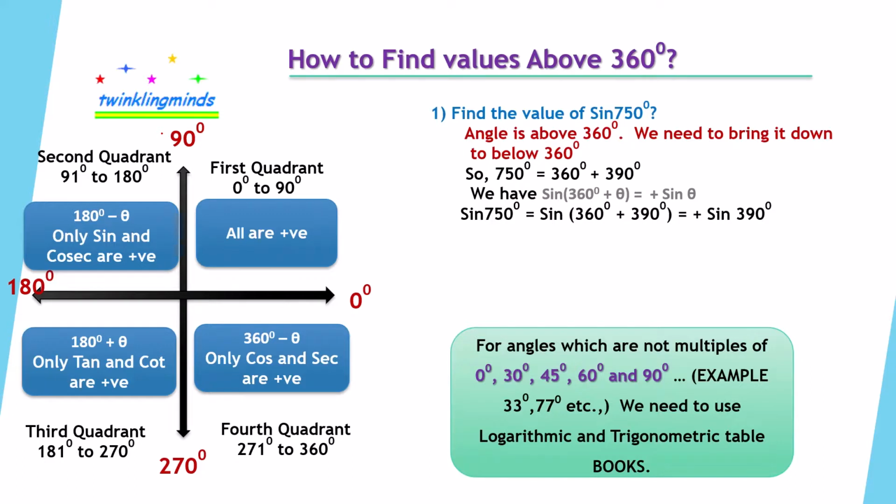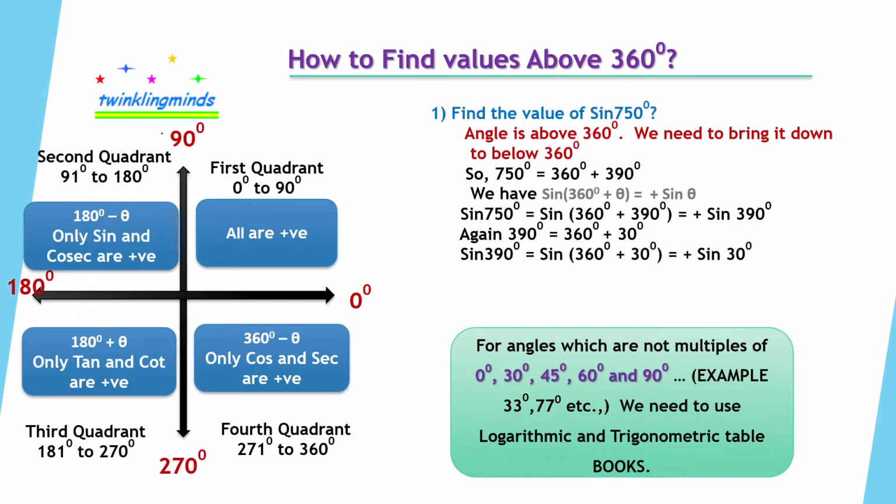390 degrees is also above 360 degrees. We need to bring it down between 0 to 360 degrees. So one more iteration, 390 degrees equals 360 degrees plus 30 degrees. So sine 390 degrees is nothing but sine 30 degrees, which means sine 750 degrees is nothing but sine 30 degrees. What is the value of sine 30?